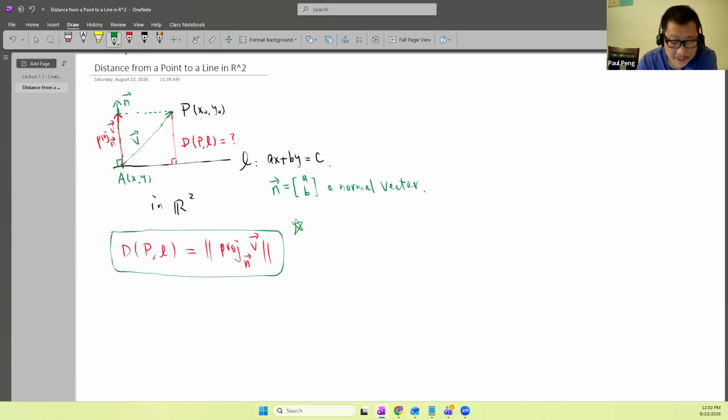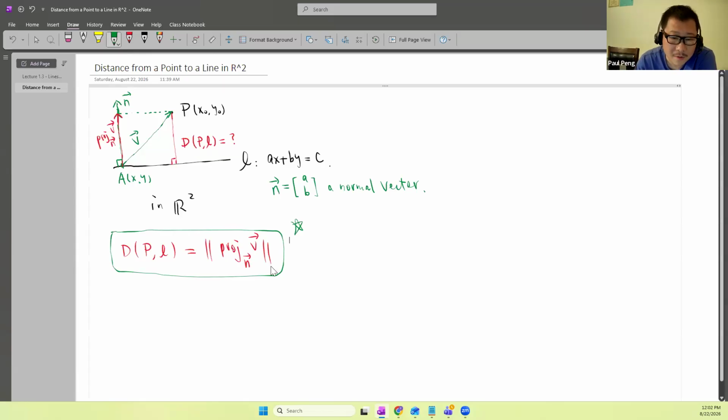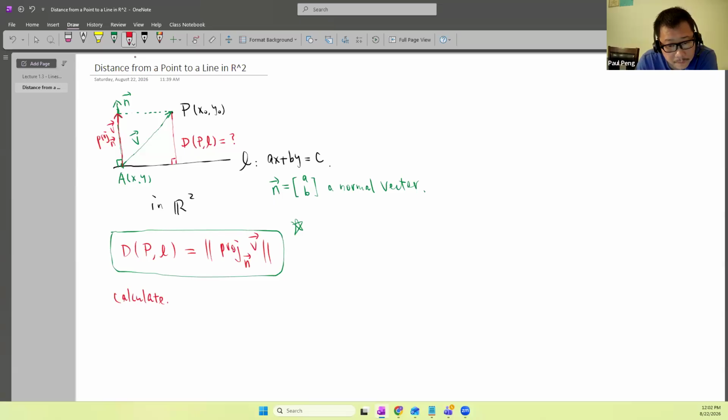Now let's simplify to get a specific formula. What's V?